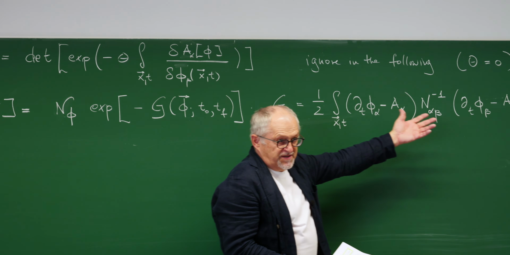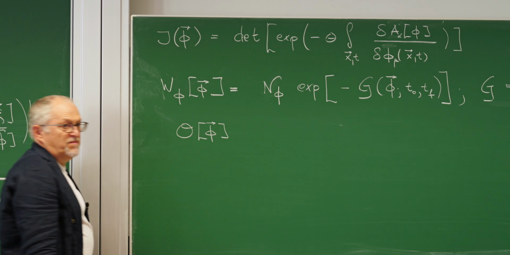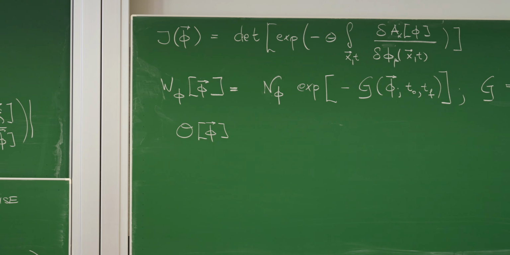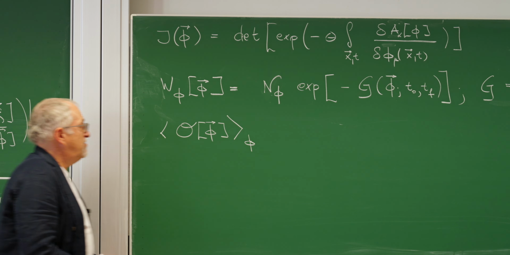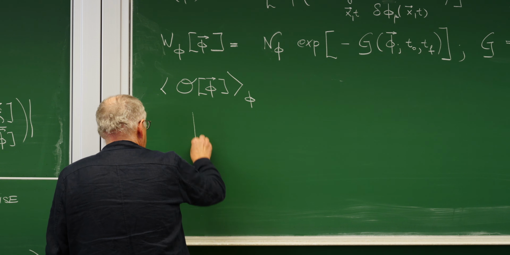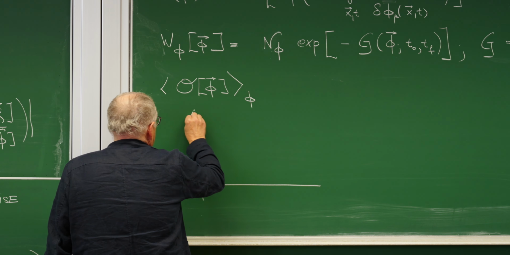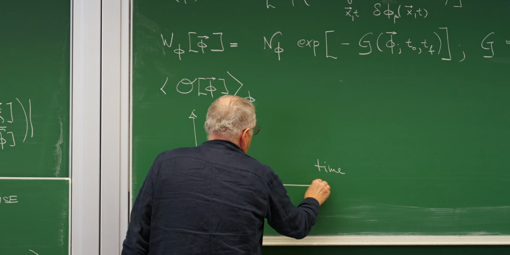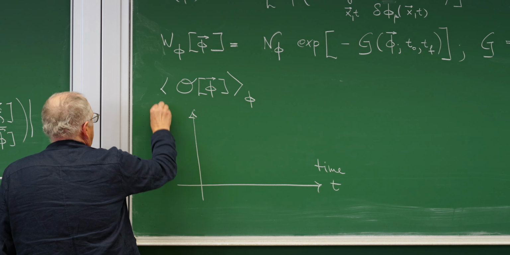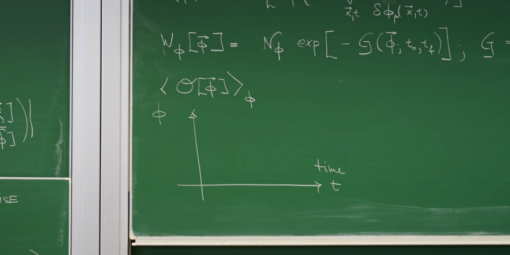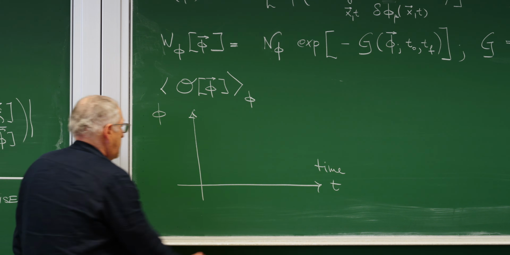Now, if I would like to calculate the average of an observable, so let's say O of phi is some observable, and this may be the field itself, some square of the field, some other combination, so some functional O of phi. If I want to take the average over the field configuration, I need to do two things. And let me illustrate this here with a diagram. We have here time, t, and here I'm depicting in a very coarse-grained fashion the field as a variable.